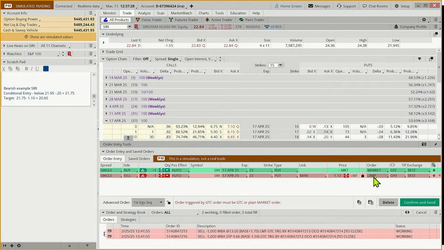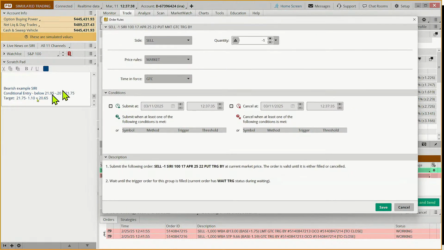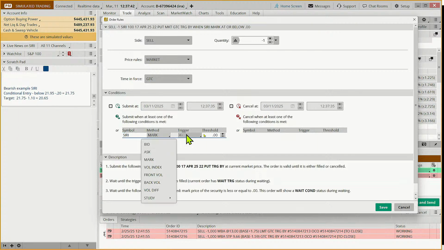And when do we want to exit? Well, we don't know exactly what this option will be worth, but if and when Siri goes down to 20.65, then we would like to sell it and take whatever gain there may be.